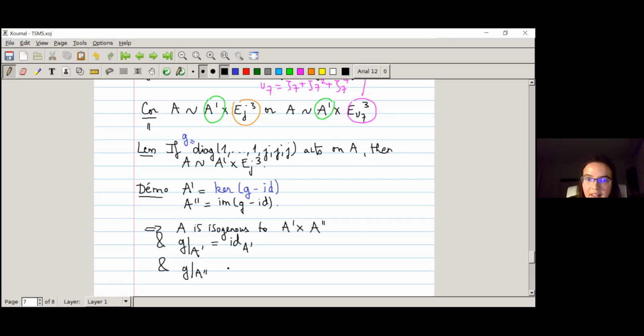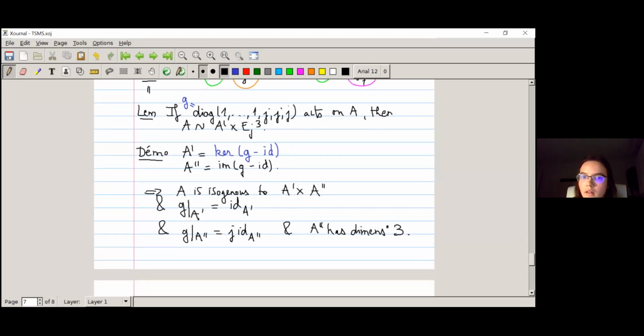And on A second, J will be the same as the rest, which is j times identity. And A prime prime has dimension 3, because you have 3 eigenvalues like this. And so now we are left with one question.